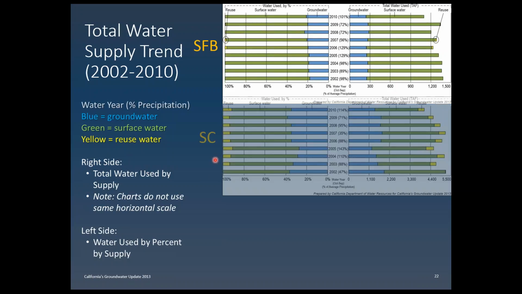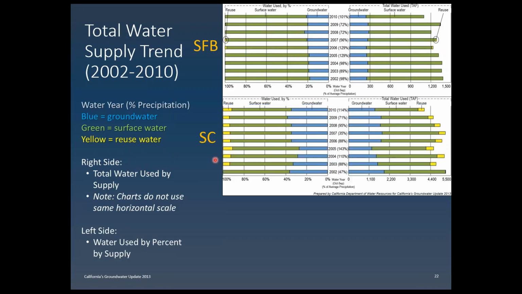Now let's take a look at South Coast. South Coast comes along, and you can see their groundwater does fluctuate from year to year, and it is at its greatest during the drier periods when they get less rain. Precip 35%, then their groundwater shoots right up. If they go to 143%, their groundwater comes down. And they also tend to have more reuse going on down there.